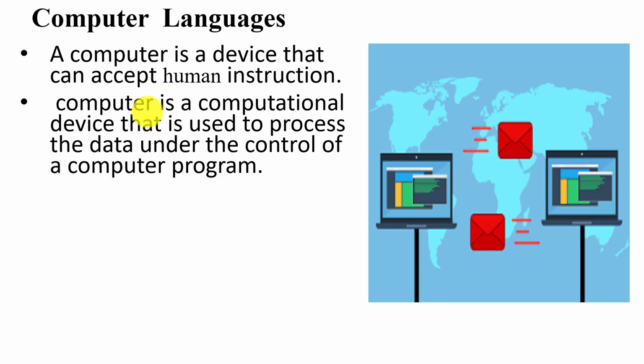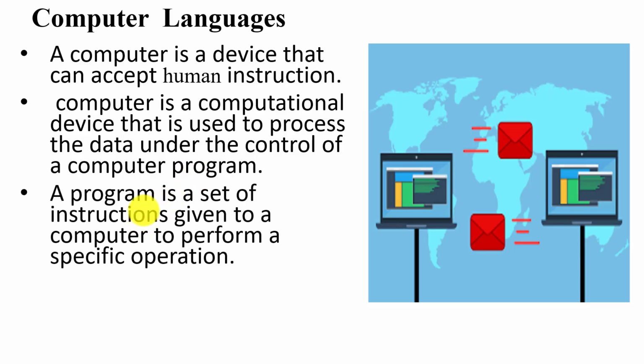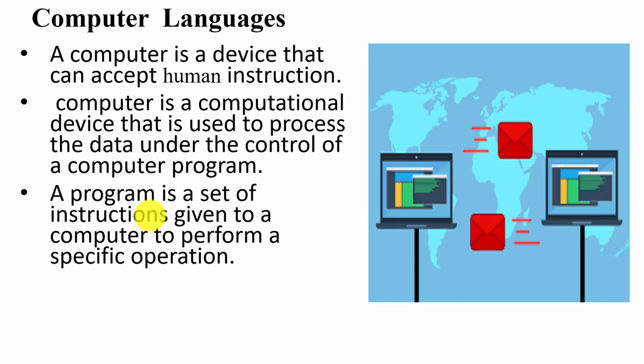So a computer is a computational device that is used to process data, and the data is under some control, the programs. Now, what is meant by a program? A program is nothing but a set of instructions given by humans, or by users.